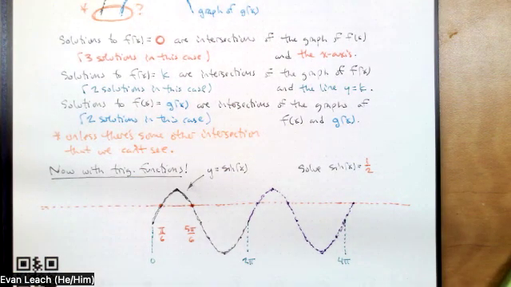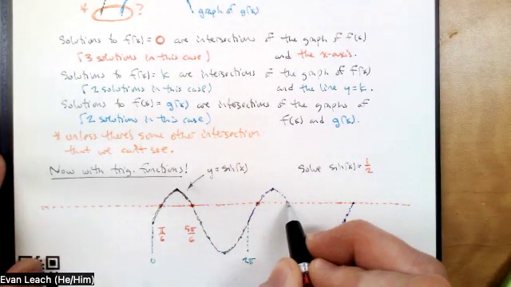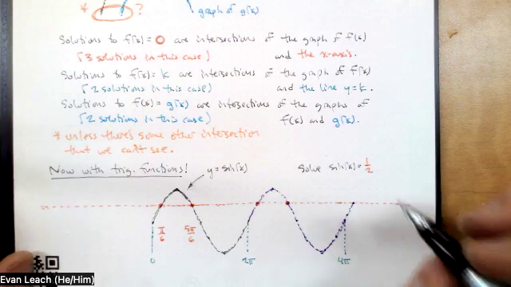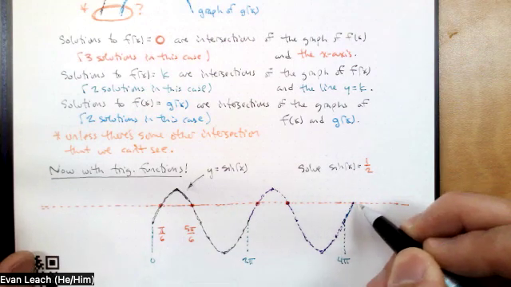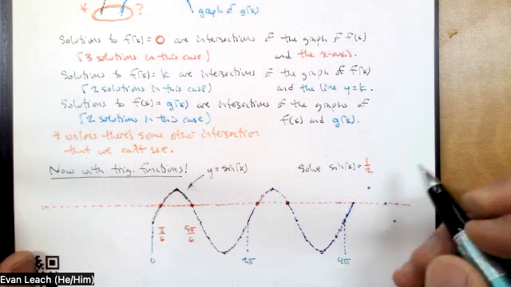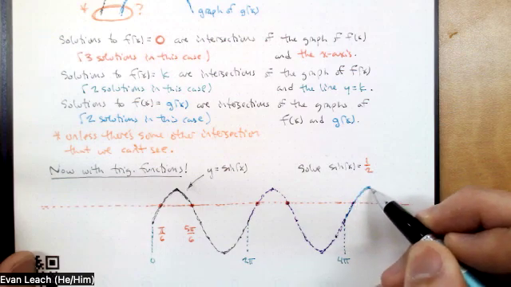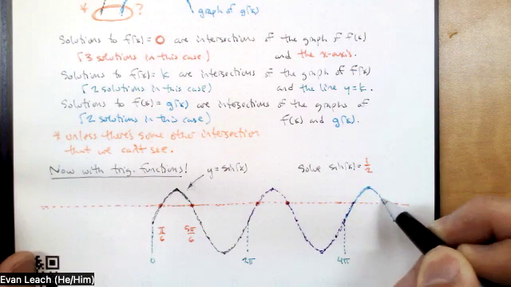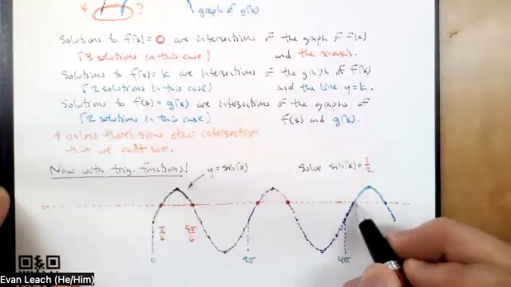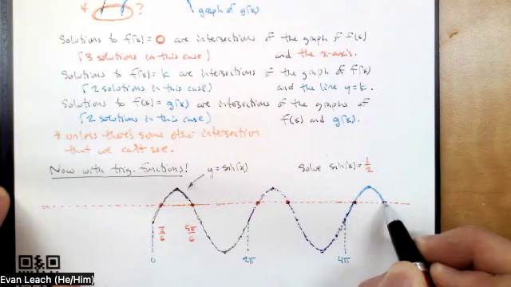So we also see 2 more solutions in the next go around. And then after that, we'll have even more. So in the next cycle, we're going around the circle again, and we see 2 more solutions.